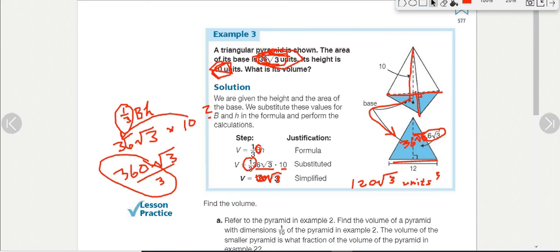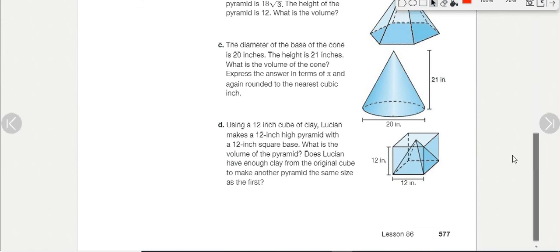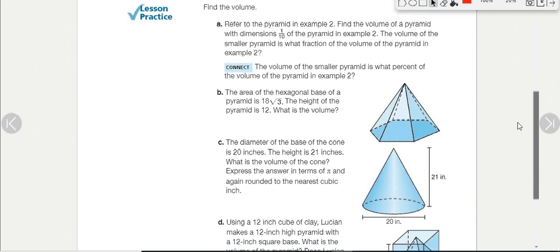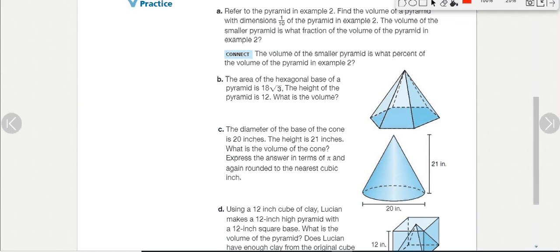So you're going to get kind of that in B, because in B they say the area of a hexagonal base. Again, doesn't matter if it's a weird base because we just have to find the area of it. And in this case, you don't even need to find the area of it. They tell you it's 18 square root of 3. So the part I just colored in's area is 18 square root of 3.